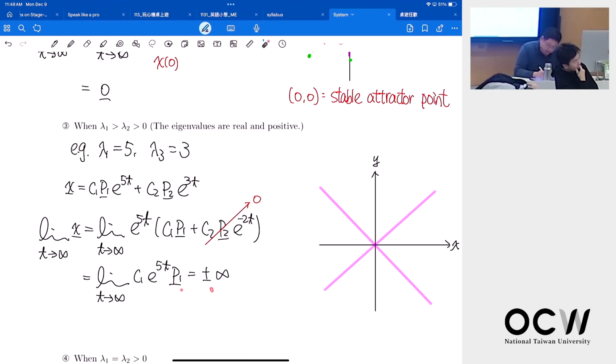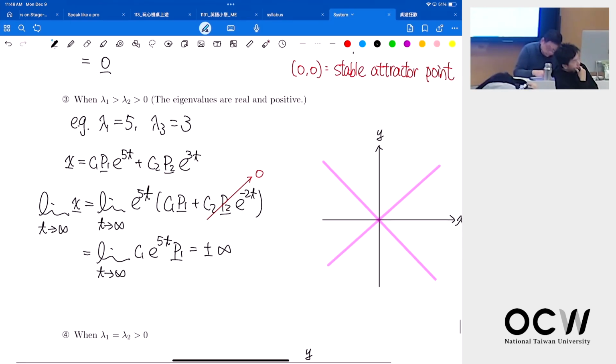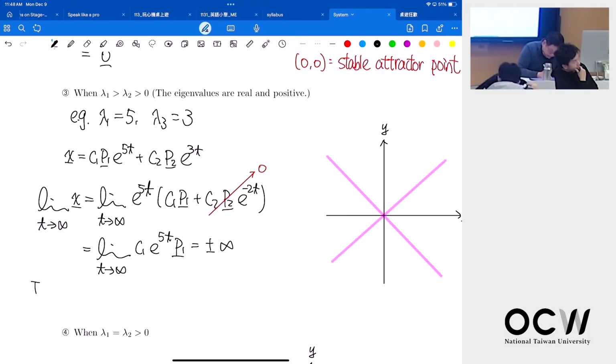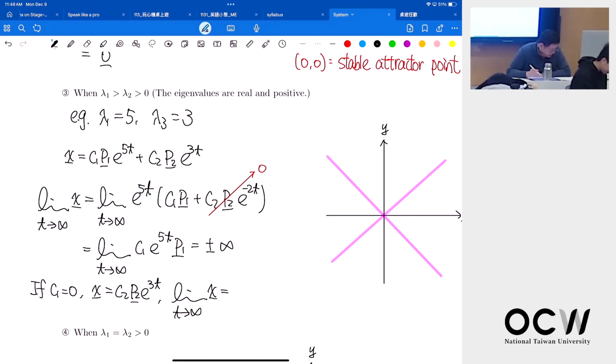Now if I just consider the second one with c1 equal to 0, if c1 is 0, then I only have c2. In this case, when I take the limit as t goes to infinity, I have c2 p2 e to the 3t.